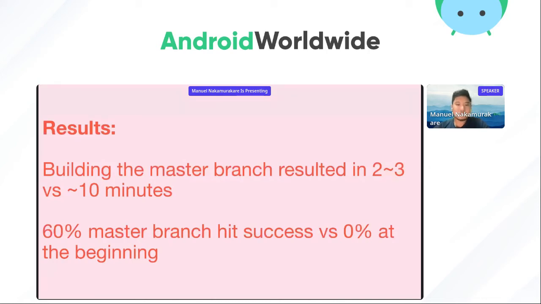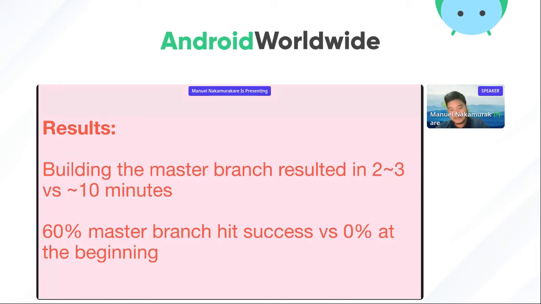And we had a master branch hit success of 60% versus 0%. This means that 60% of the time when people were building a master branch, they were fully utilizing the remote cache versus 0% before.